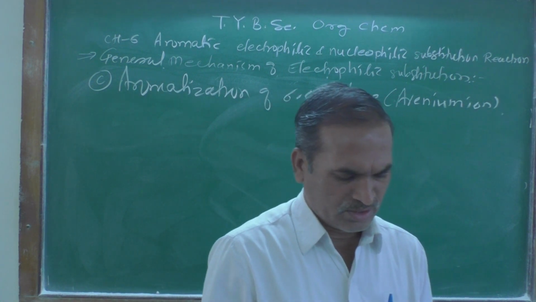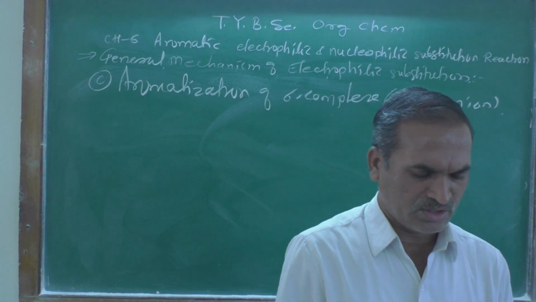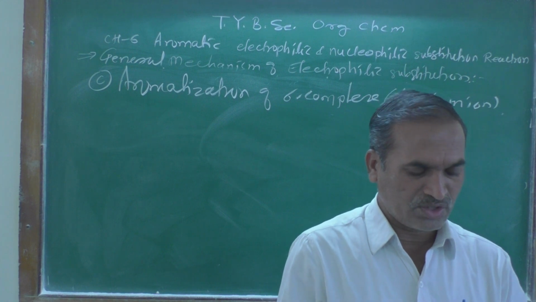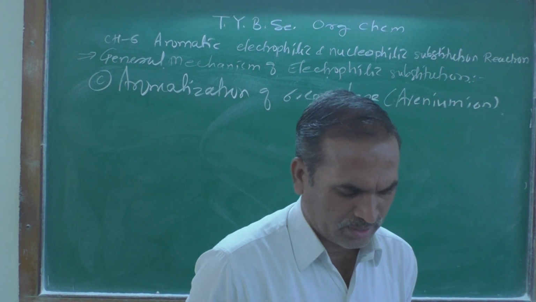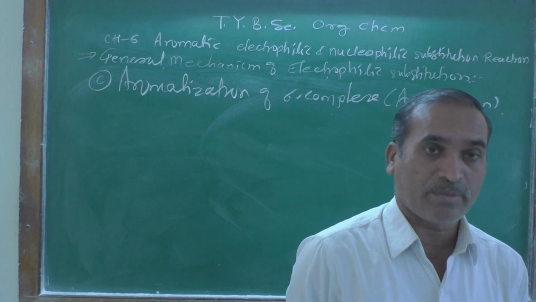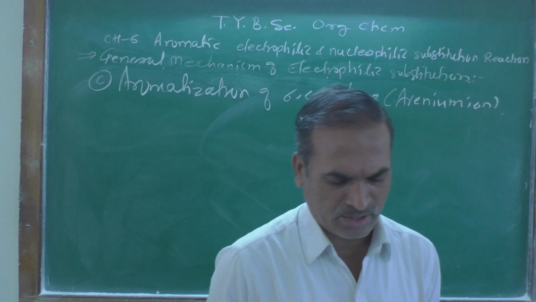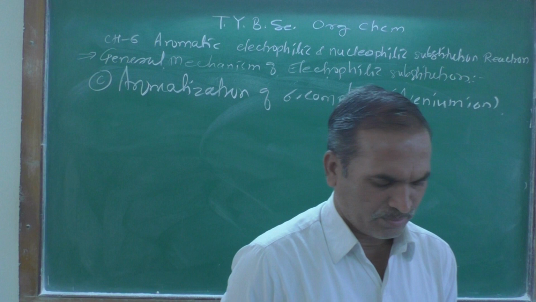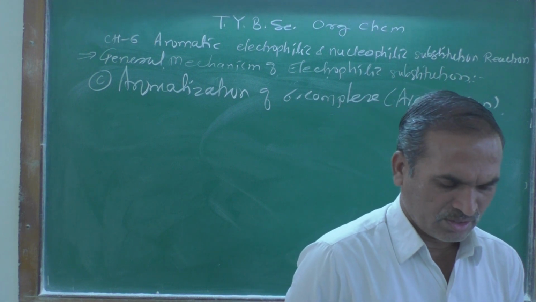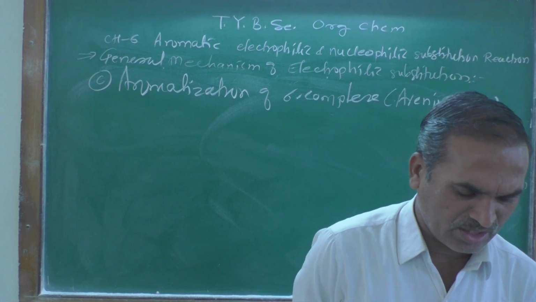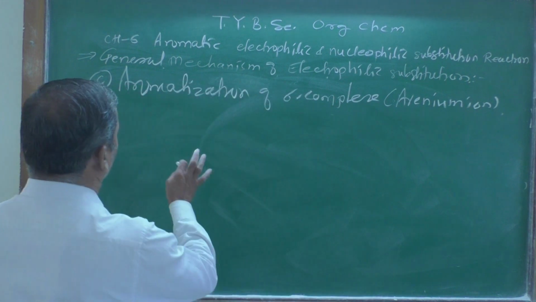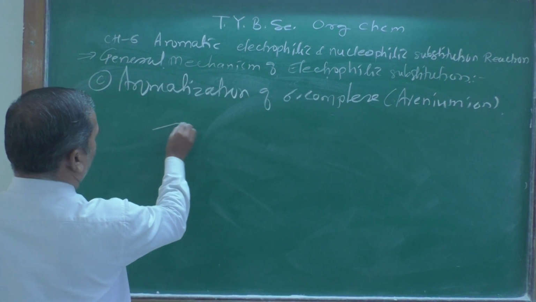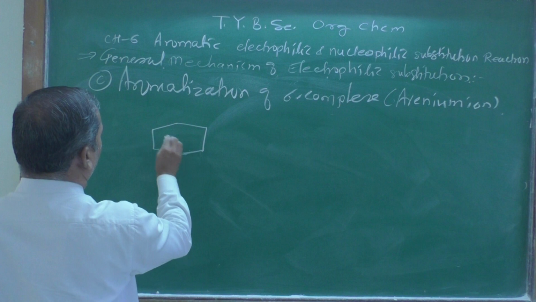Therefore the sigma complex, which is non-aromatic, undergoes a loss of H plus generally to form the product in which the aromatic nature of the ring is retained. So in aromatization, what is happening? Let us see here.